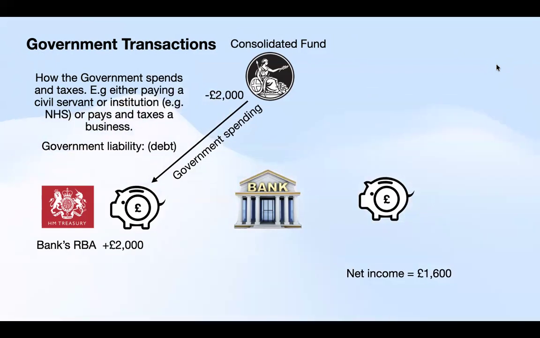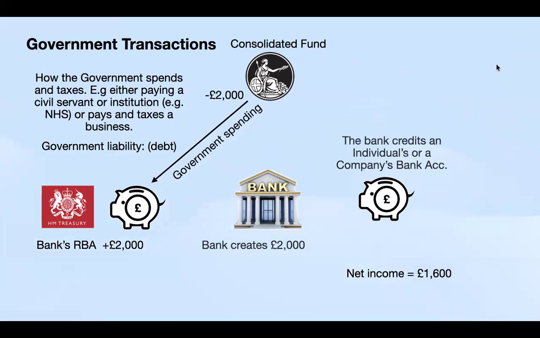Fiat money is credited to the RBA of the bank of the person who's being paid, and they will hold a reserve balance in their reserve balance account in the Bank of England. It's a credit of £2,000. That money stays in the reserve balance account. The bank then creates £2,000, and that's credit money, and it credits the civil servant's bank account, £2,000.